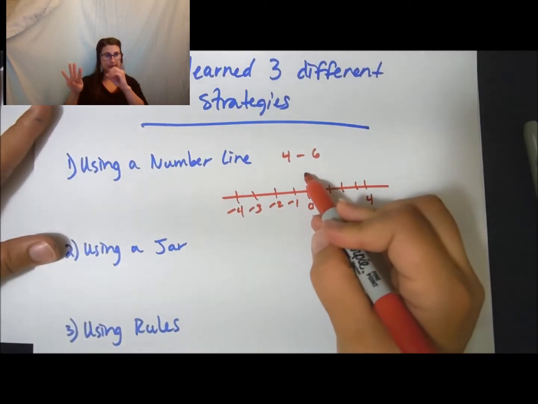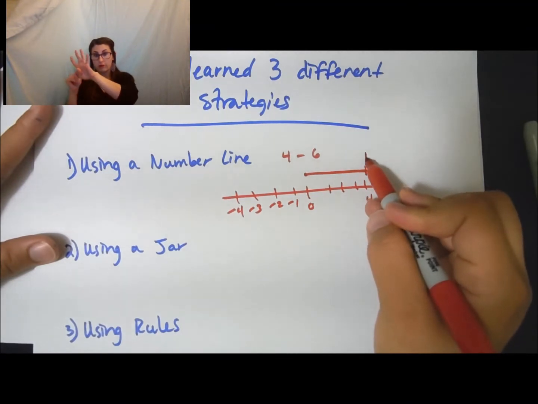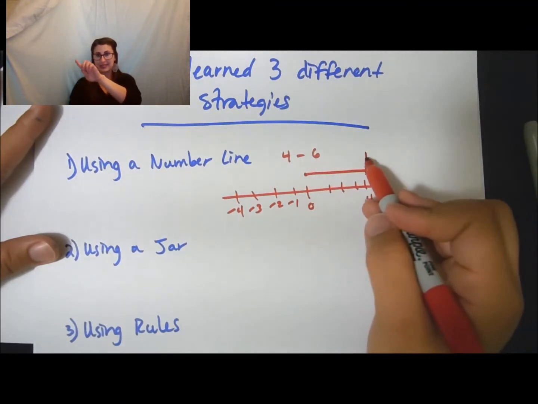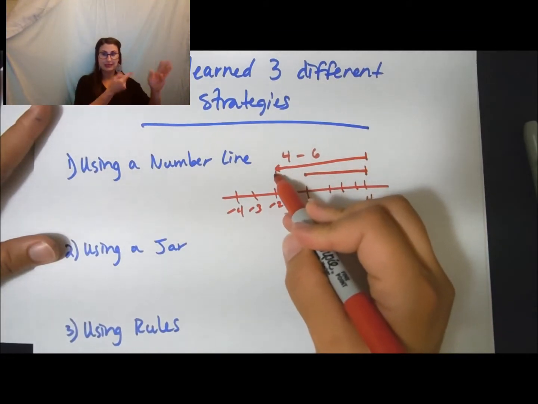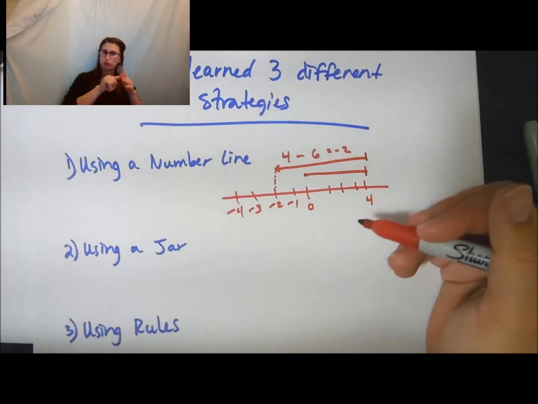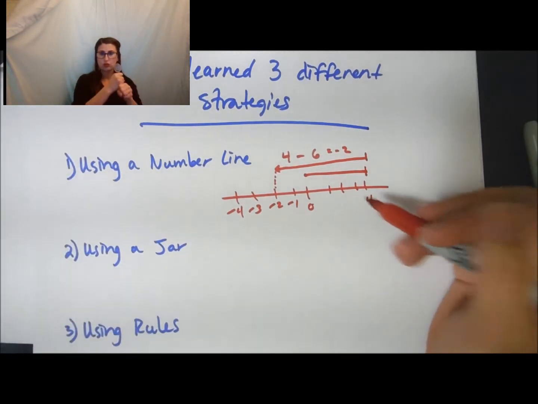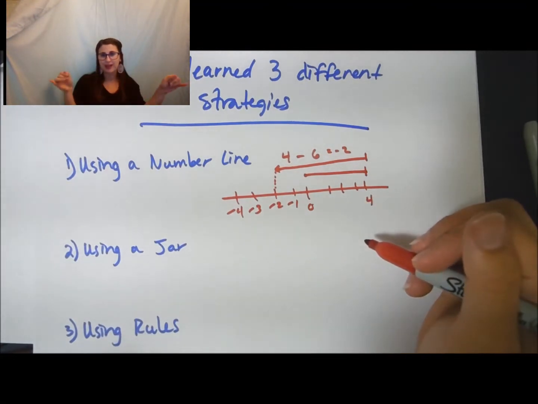We started at 0. We went to 4, the first number, and then from 4 we minus 6, so we did 6 jumps this way, and in that way we landed at -2, so that equals -2. So we started off this year solving integer problems using the number line.